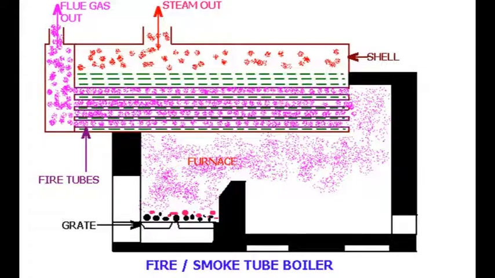The limitations are mainly related to choking of these tubes with soot, and eventual heat transfer stoppage, and also the steaming rate is not very high, and pressure raising is time consuming, and it is also prone to explosions, so naturally we discarded it.